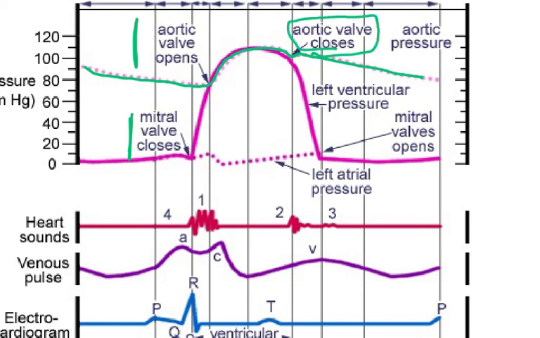These are the main points you have to remember in these graphs. And here, of course, the mitral valve is the bicuspid valve or the atrioventricular valve. So the bicuspid valve closes at this point, and this is when the pressure starts to rise in the ventricle, and then comes down.